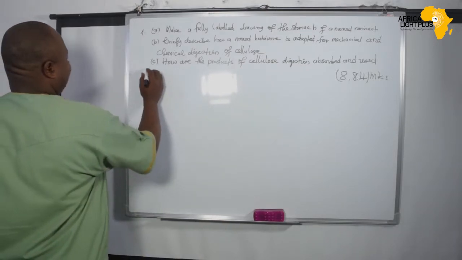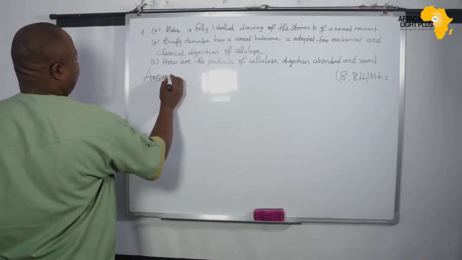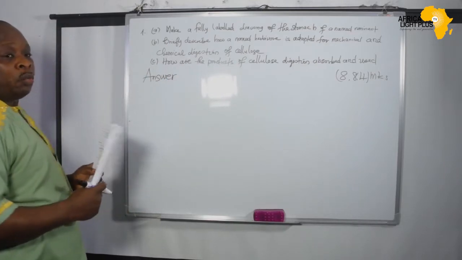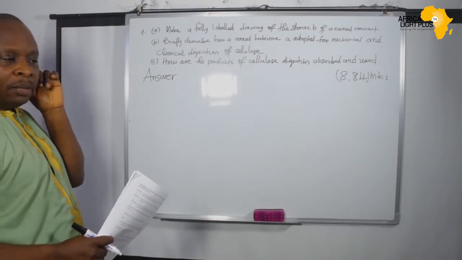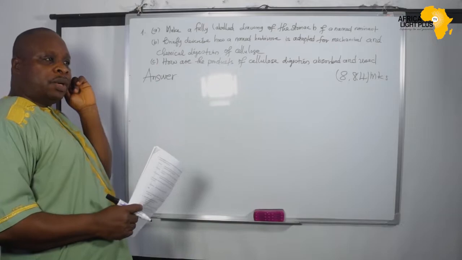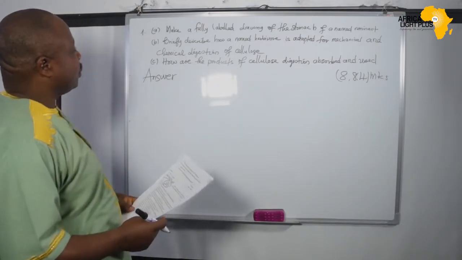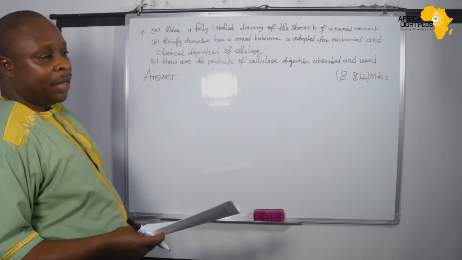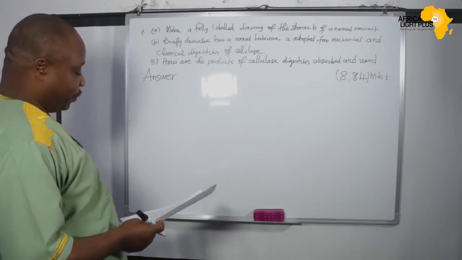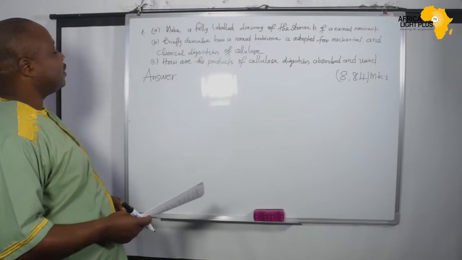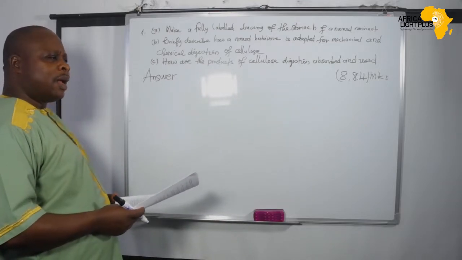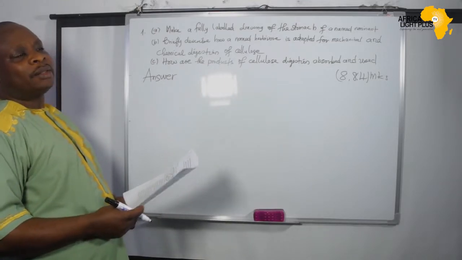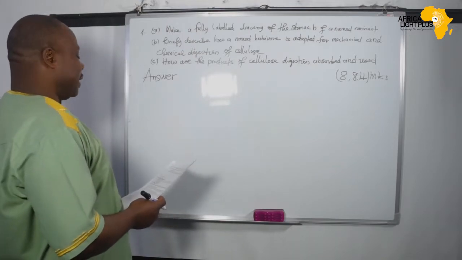So, answer. Normally in A-level biology paper 2, there are 8 questions to be answered 5. If the candidate answers more than 5, the first 5 are marked, and the subsequent ones are cancelled.